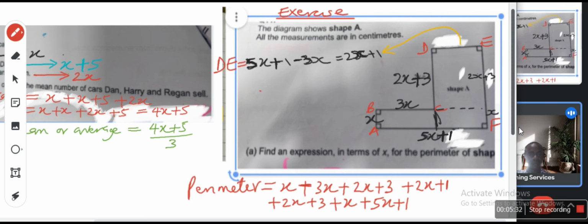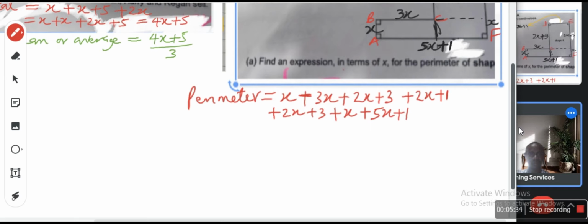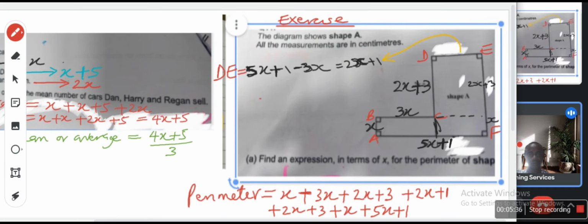So let's add up. What does that give us? So we have everything. A to B, x. B to C, 3x. C to D, 2x plus 3. D to E, 2x plus 1. E to this point, 2x plus 3. From here to here, x.